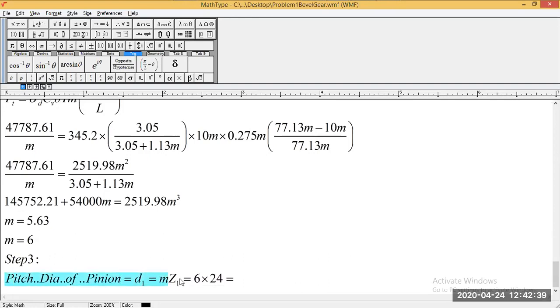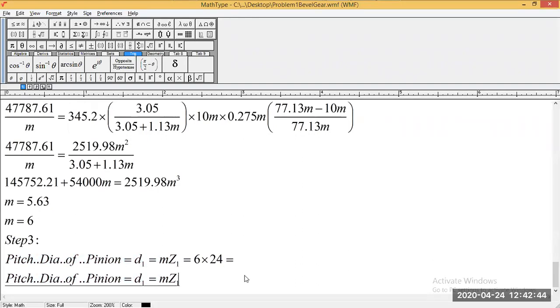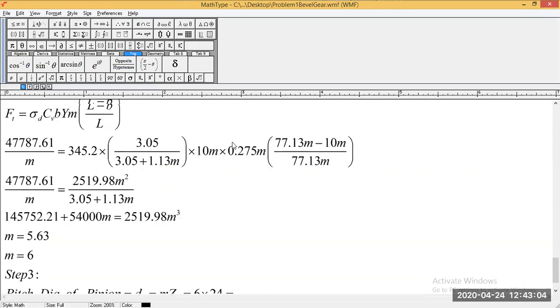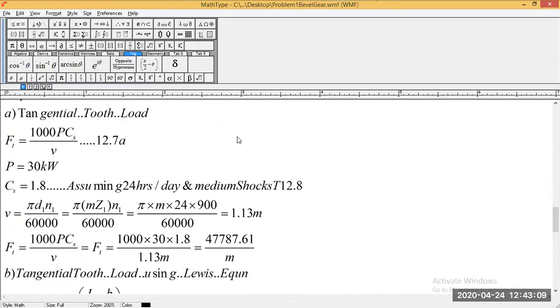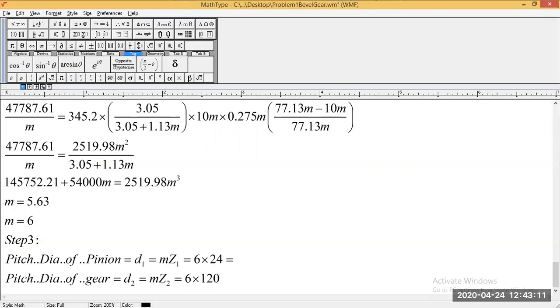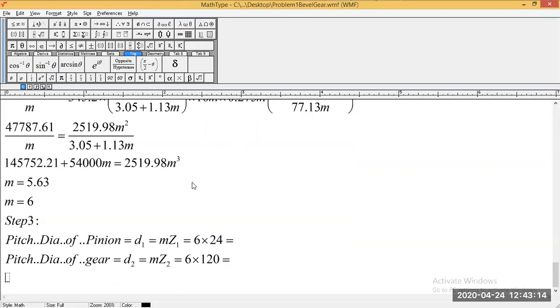Similarly, pitch diameter of gear: this is D2, M Z2, equal to 6 times, what is Z2? Z2 is 120. So 6 times 120, right? So with this we'll get the two diameters.